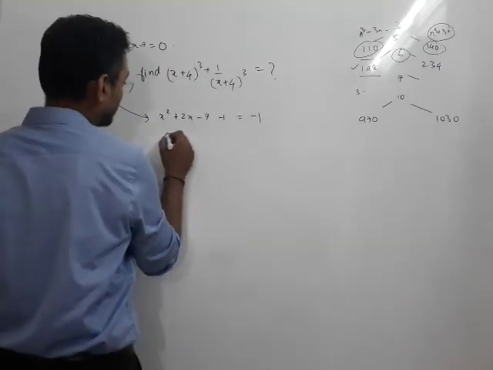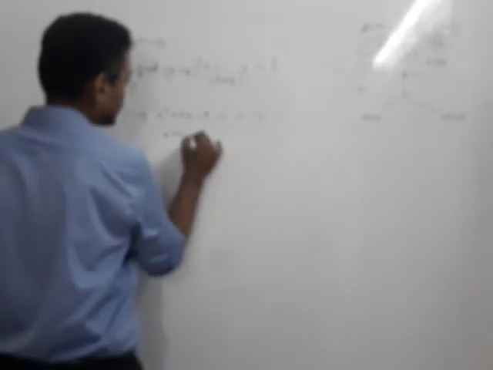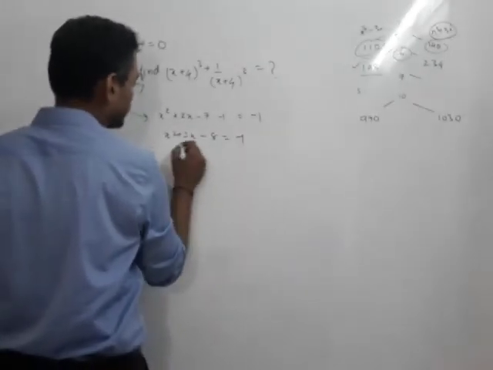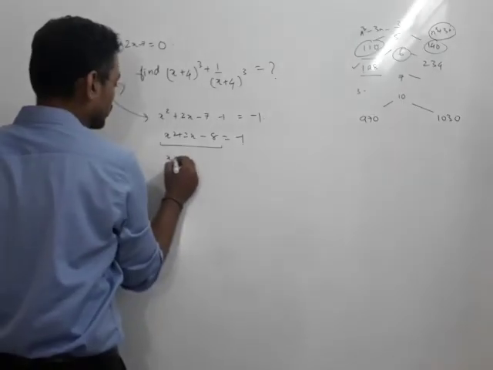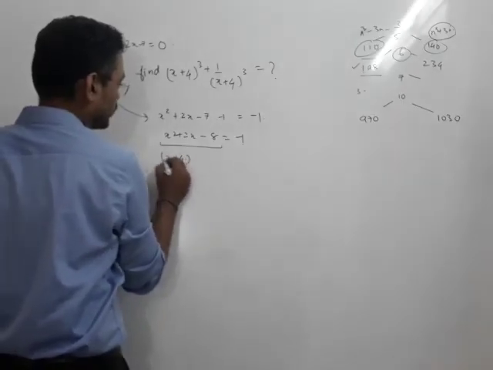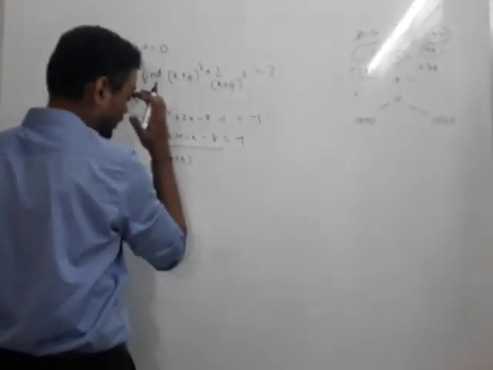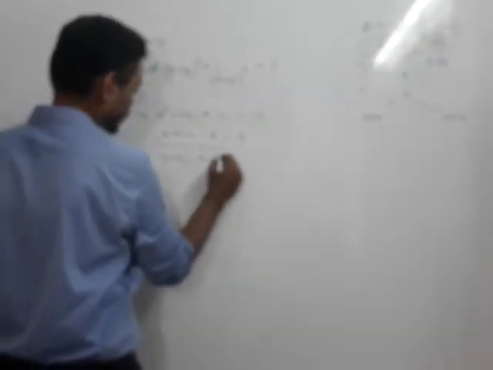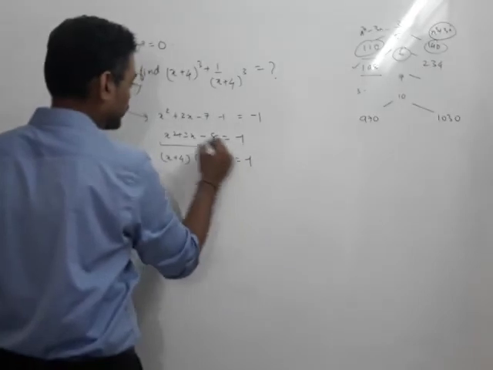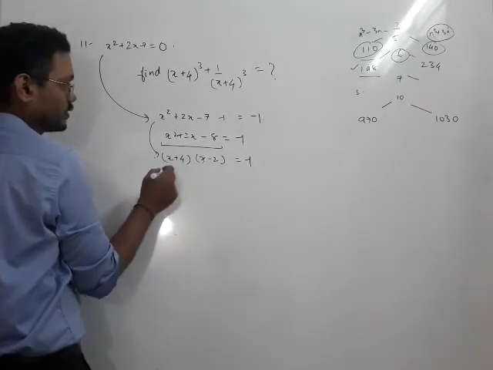So this is how we get x square plus 2x minus 8 is minus 1. This has to have a factor of x plus 4. Once it is x plus 4, in order to get minus 8, it has to be x minus 2 is minus 1. In short, I have done the factor of this.